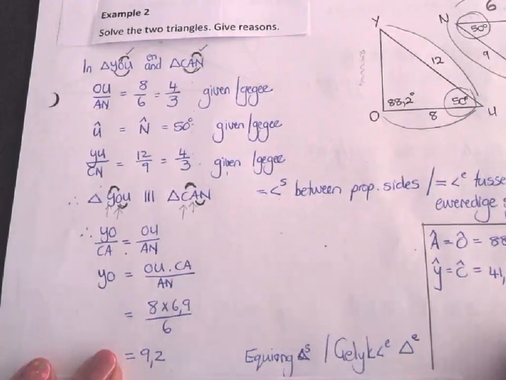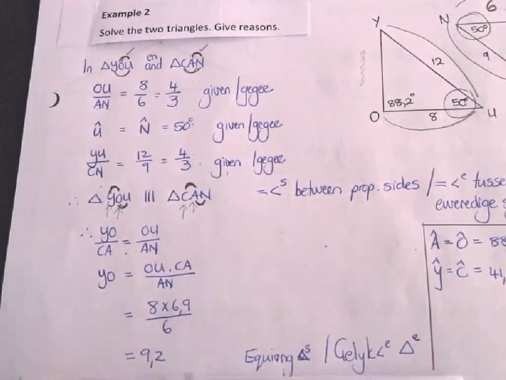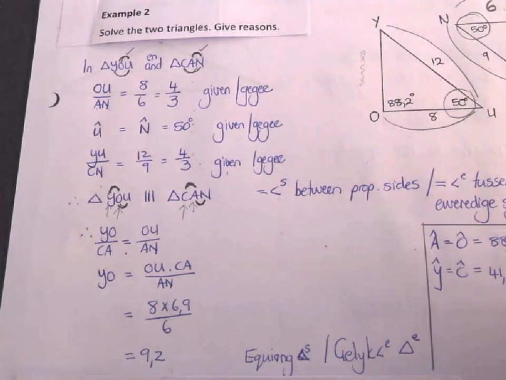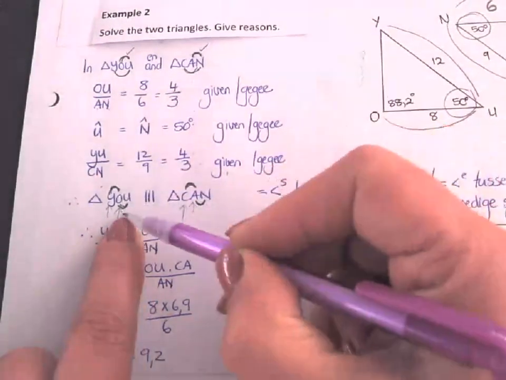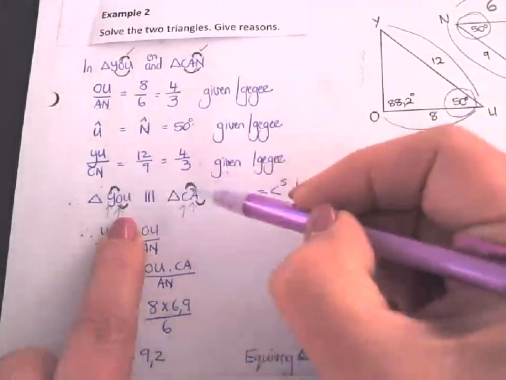And we can say that this is true because we have equiangular triangles. It's a tongue twister. But you figure out which sides are proportional by how you set it up after seeing that they are similar. Yeah, I use that similarity.